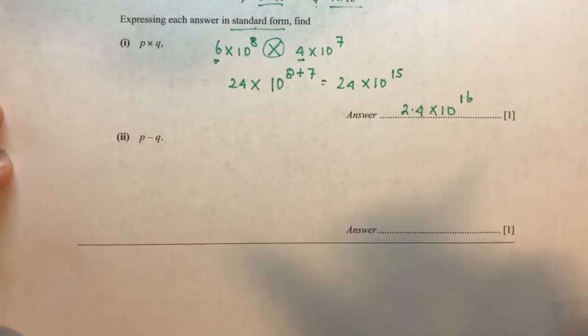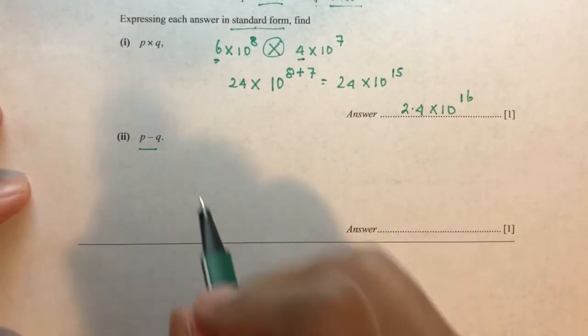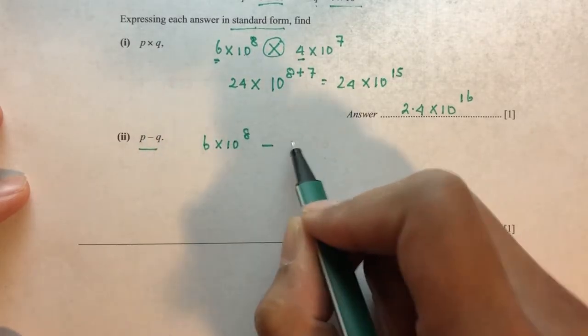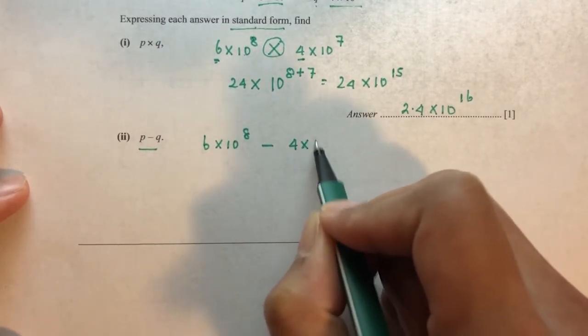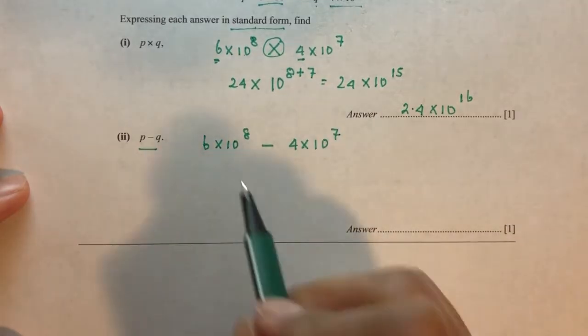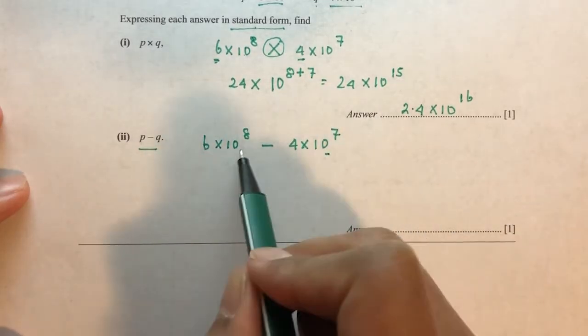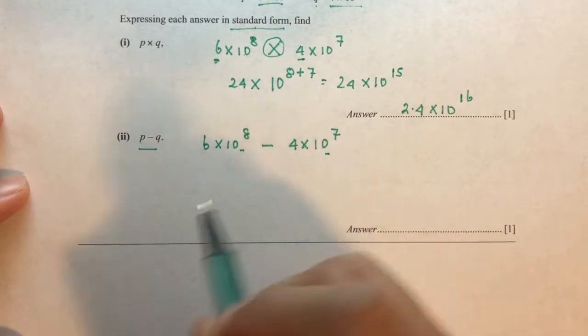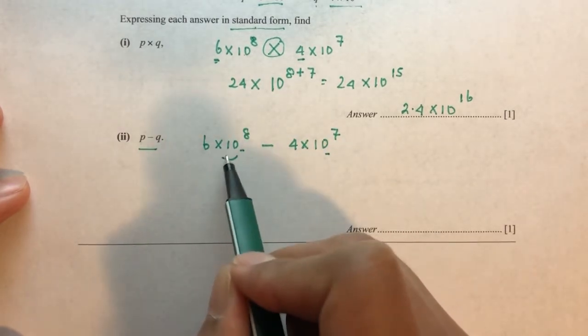Okay, so now part 2, we have P minus Q. P is 6 times 10 power 8 minus Q, which is 4 times 10 power 7. So now, since the powers are different, we cannot minus directly. So we have to make the powers equal. So we have 8 here, we send 1 0 here.